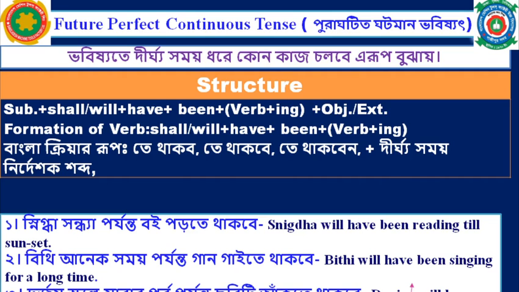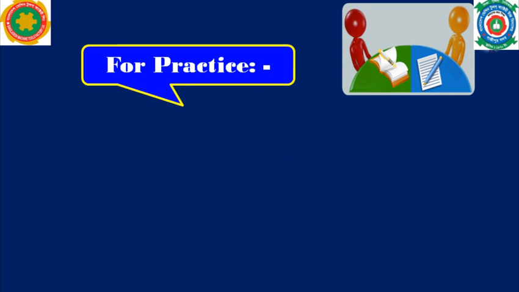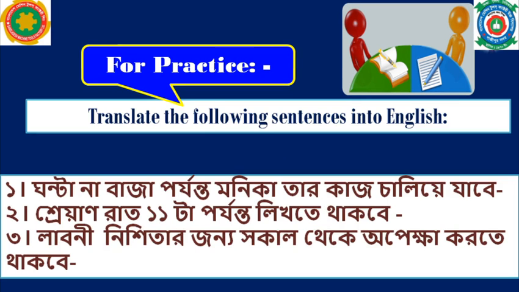Future perfect continuous. Bithi will have been singing for a long time. Durjo will have been drawing the picture till he goes to school. That means action will be continued before another action starts. It's your home task. You will translate into English.